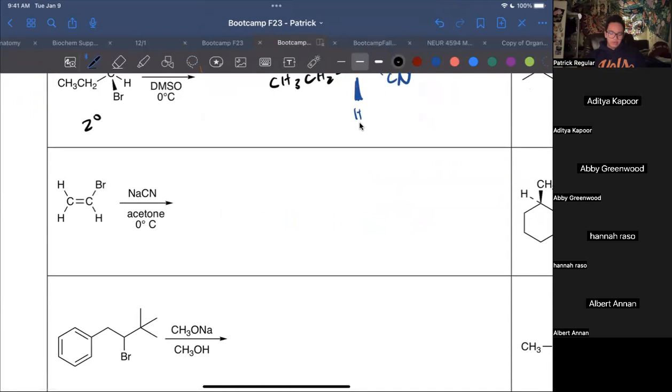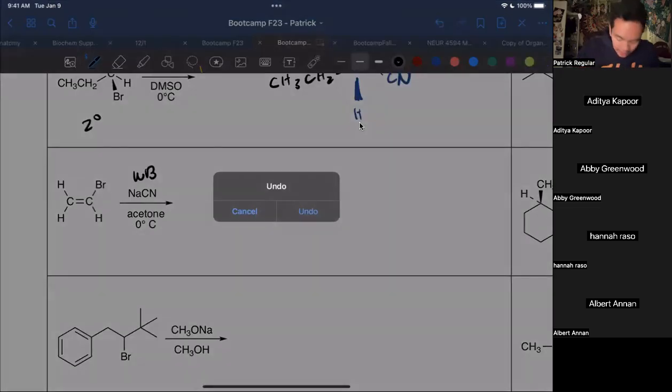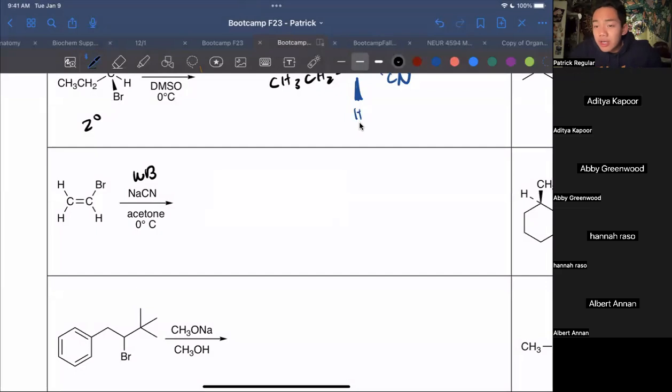Here we have a weak base, and we have a neither primary nor secondary nor tertiary. Why is that? Because primary, secondary, tertiary only apply to sp3 hybridized carbons. If this carbon is sp2 hybridized, it is not tertiary, primary, secondary.